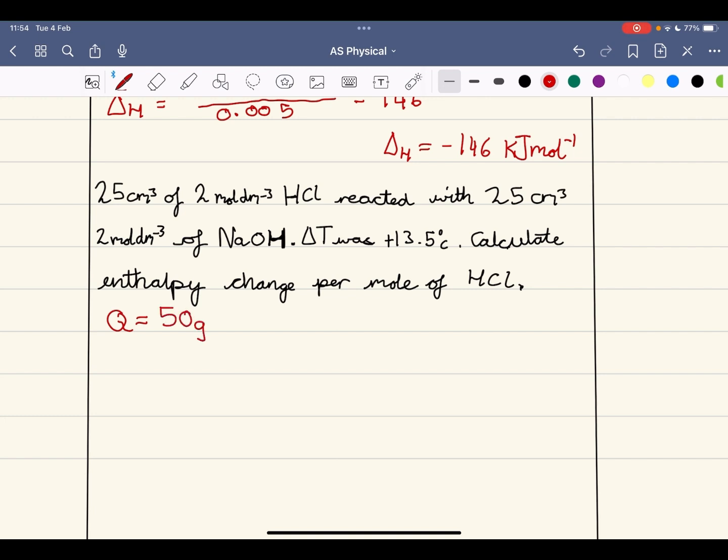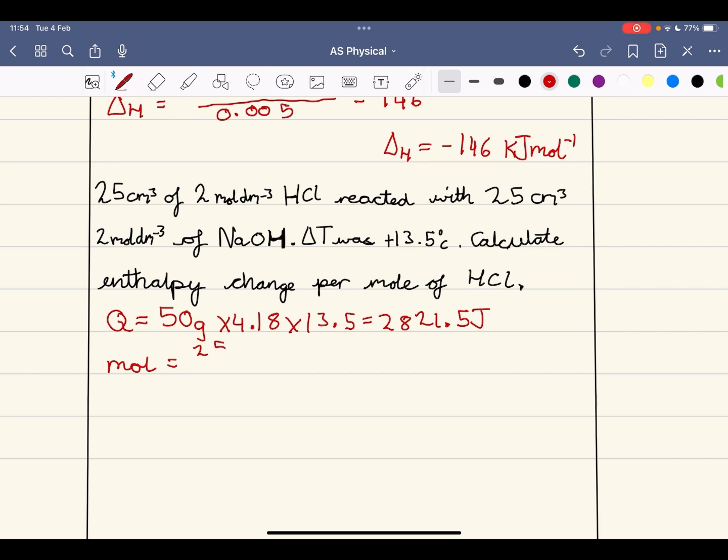So 50 times 4.18 for the specific heat capacity of water, times 13.5 gets us 2,821.5 joules.